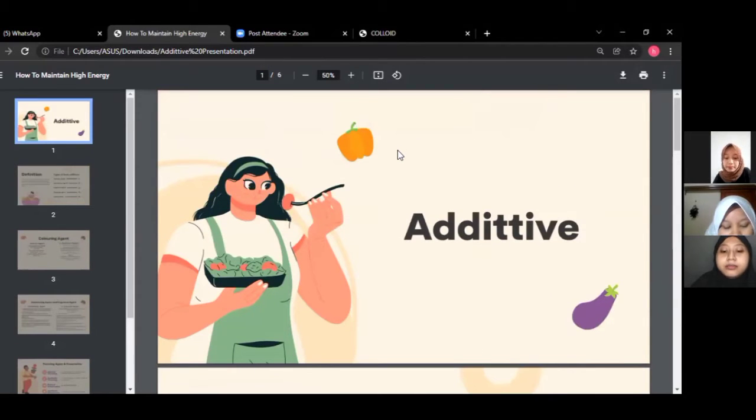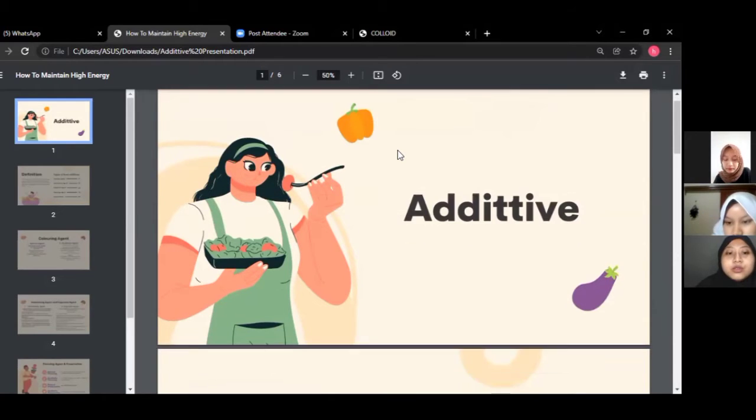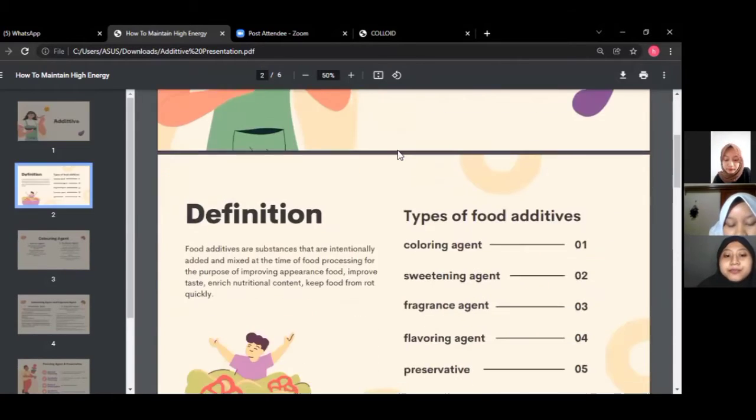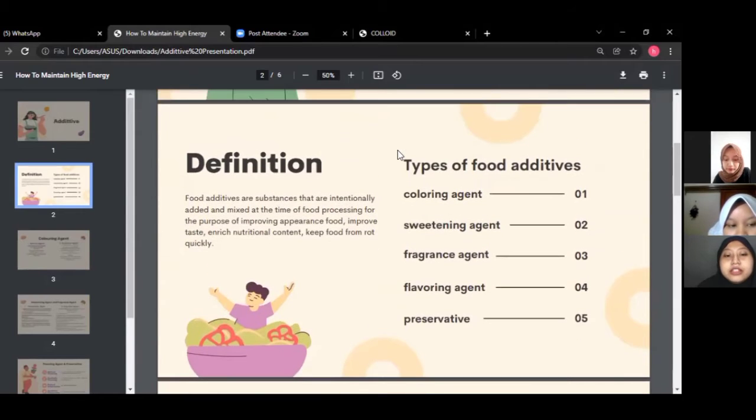So, let me explain about the additives. First, the definition of additive. Food additives are substances that are intentionally added and mixed at the time of food processing for the purpose of improving appearance, improving taste, enriching nutritional content, and keeping food from rotting quickly.